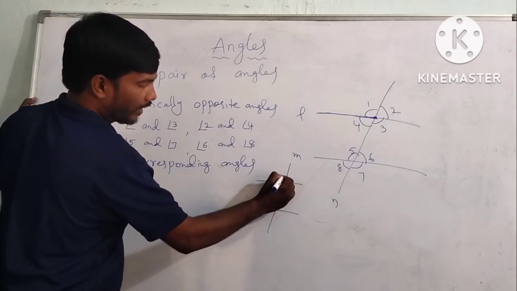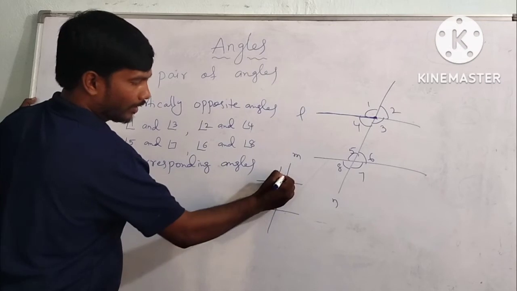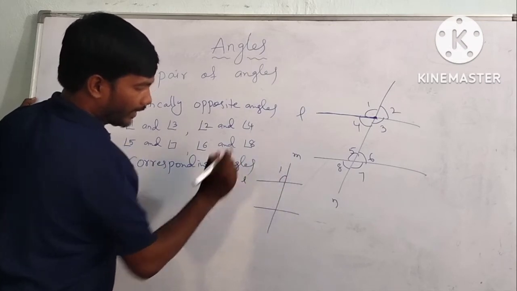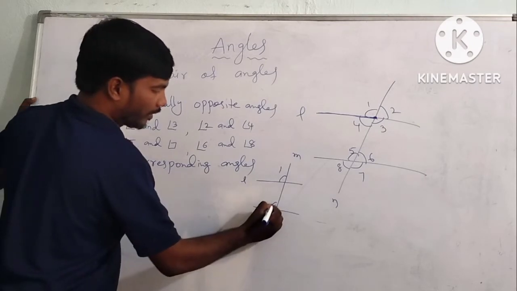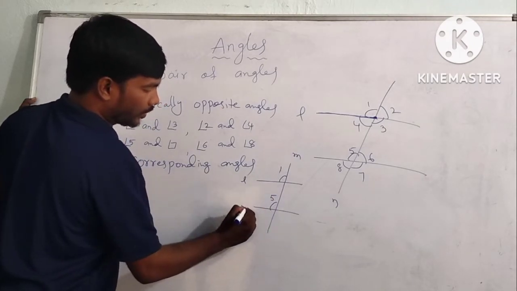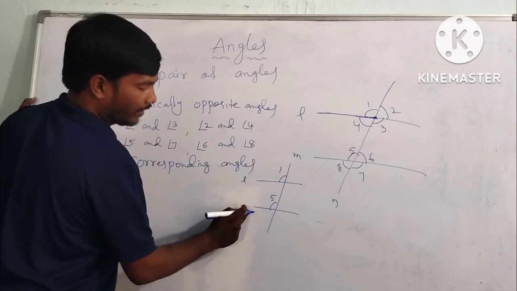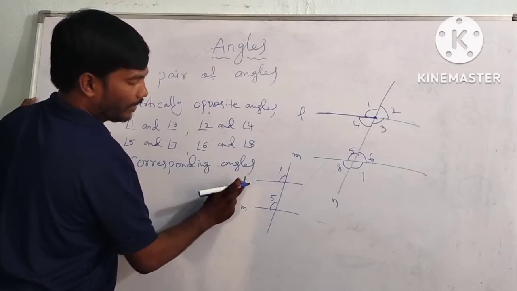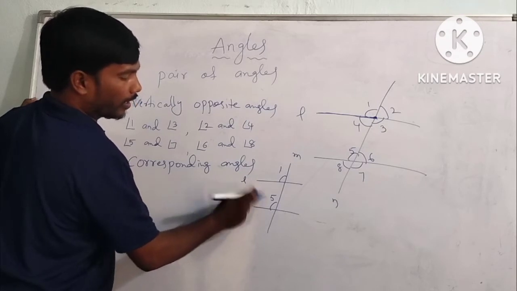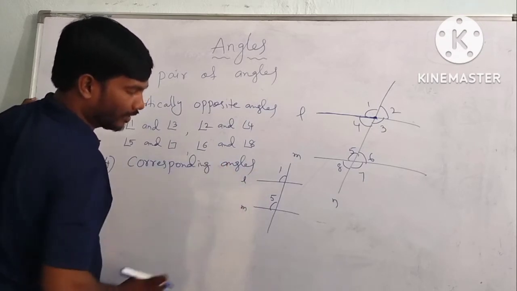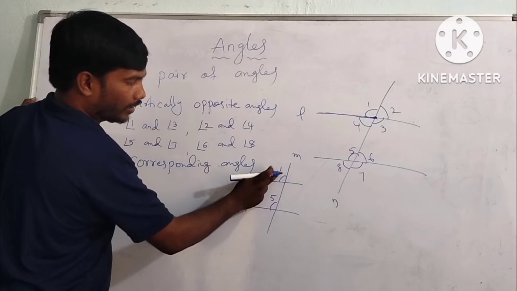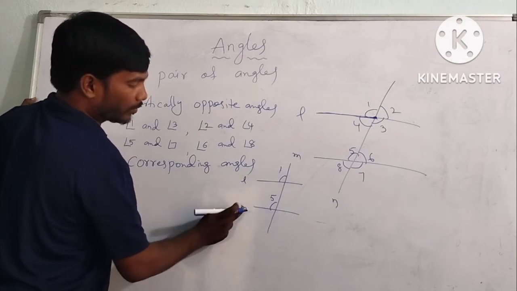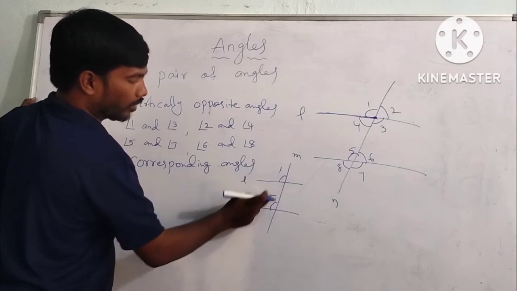See, angle 1 is there. Angle 1, is it upside or downside? Upside of line L. Angle 5, this one also upside of line M. So both of them are upside.